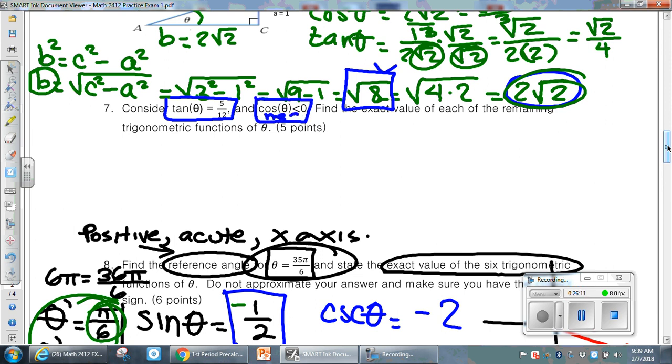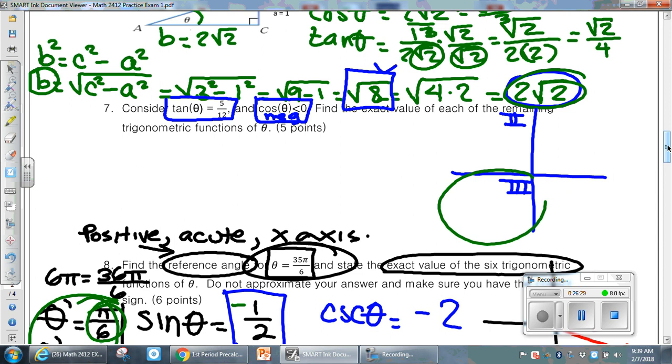Cosine is less than 0. So let's see. Cosine is negative in quadrants 2 and 3. And the tangent is positive in which one, out of 2 and 3? 3. So that's where we are going to be working.